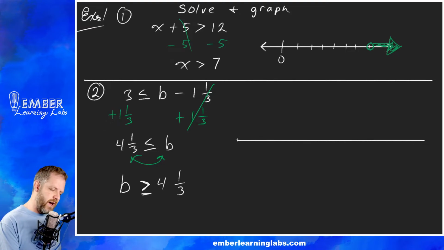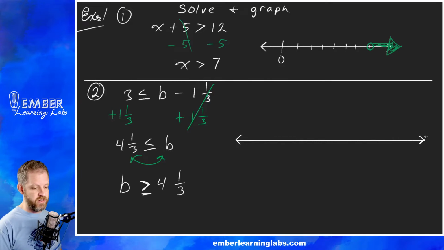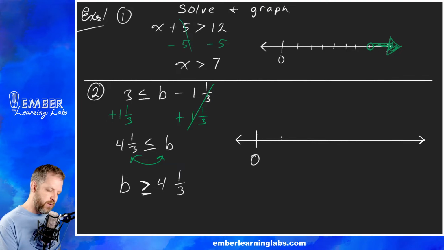Draw our number line. Now, we could count by thirds if we wanted to, put a whole bunch of lines. I'm going to count by ones because I want to show you what I expect from my students whenever we're doing in-between lines and how I like to do it. So we're going to do the lines 1, 2, 3, 4, 5.